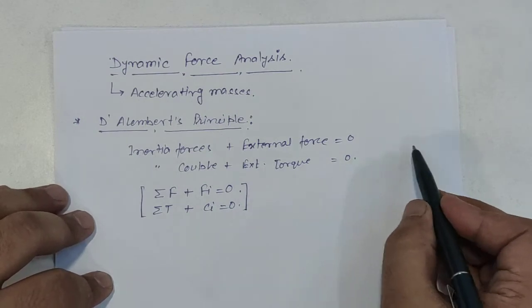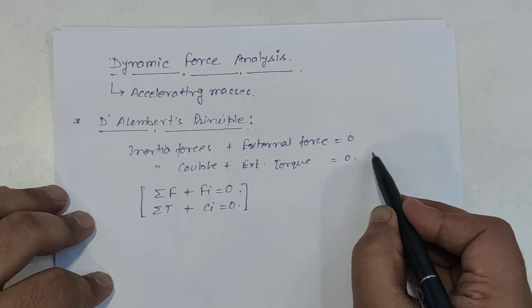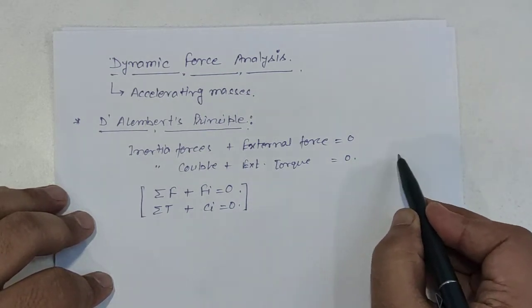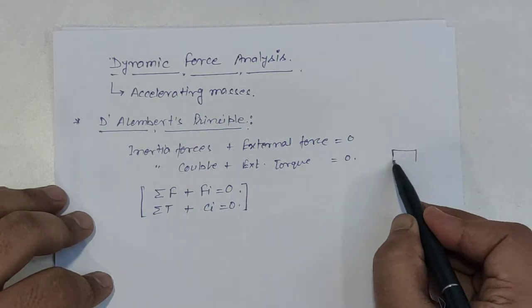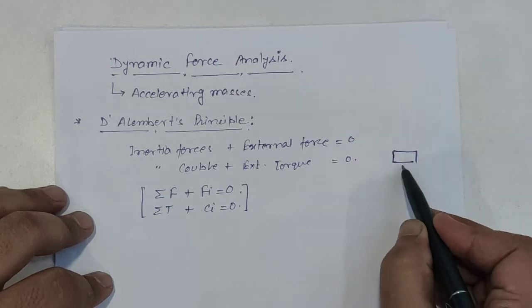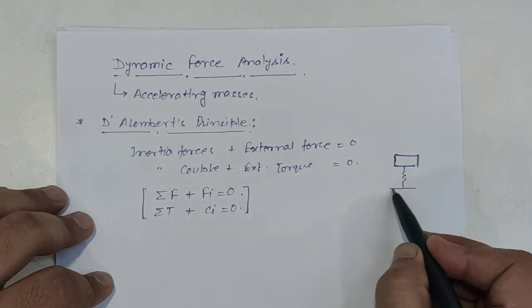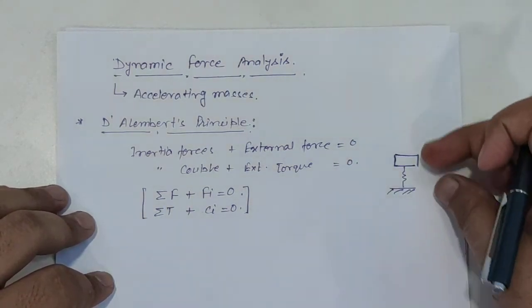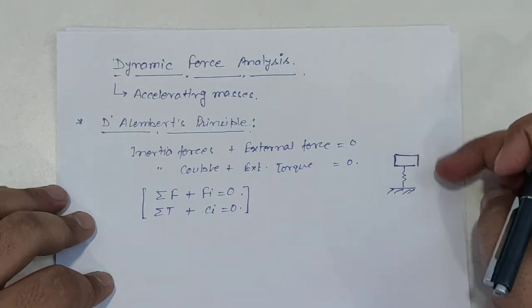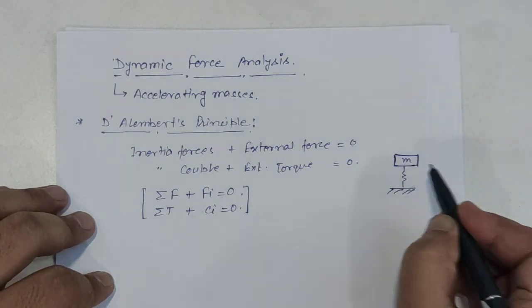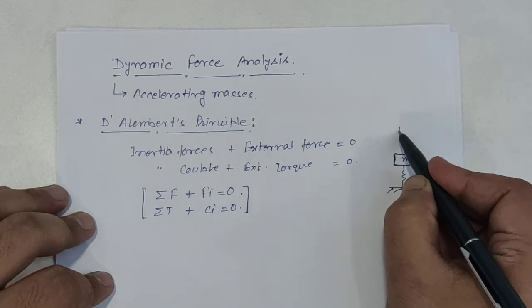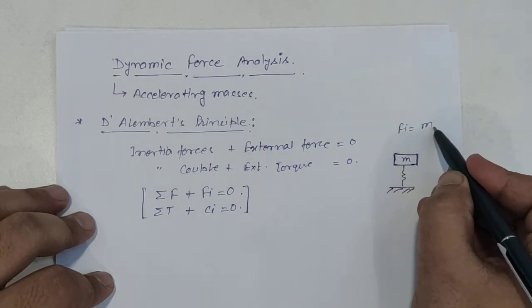Let's say we have a spring mass system, and this mass has some motion in the upward and downward direction. If this is mass m, then the inertial force Fi will be equal to m into a.